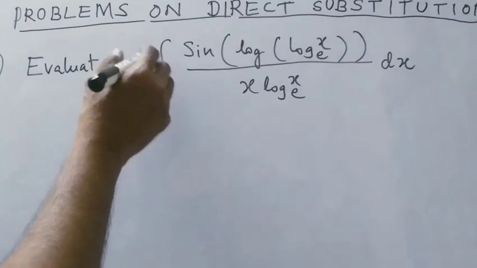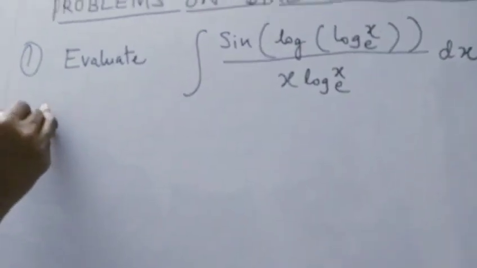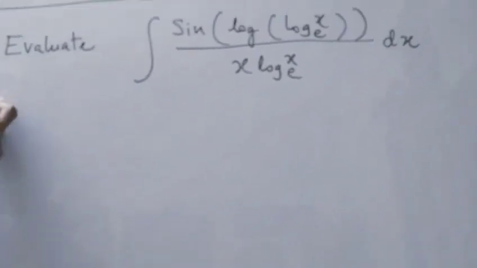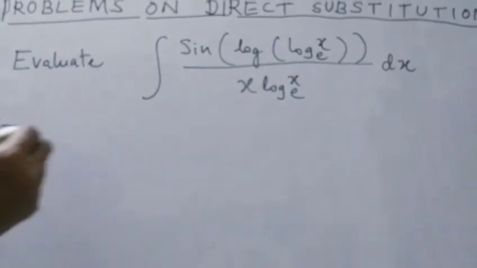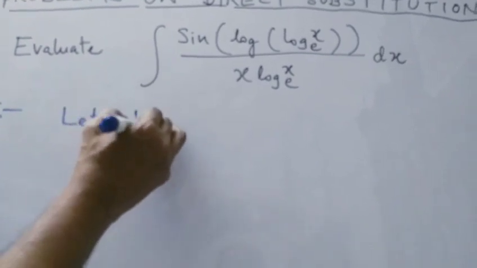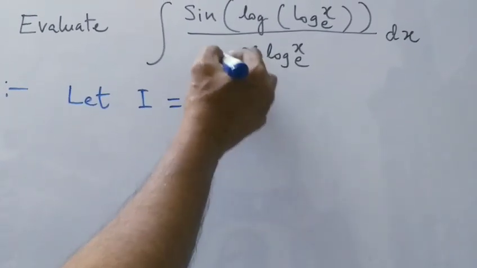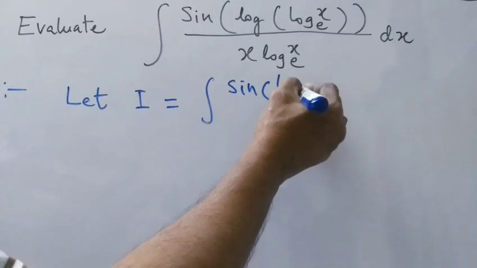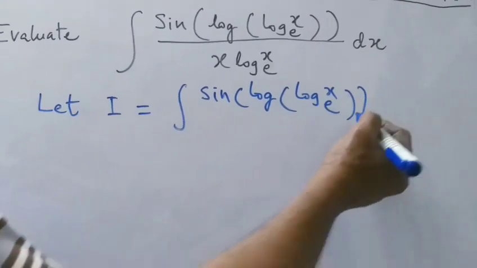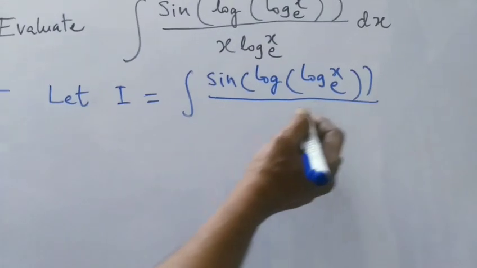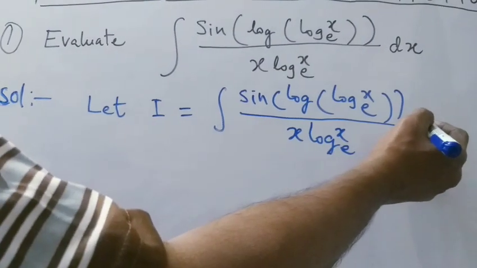For this problem, the solution is going on now. Let I is equal to the integral of sine of log x to the base e divided by x into log x to the base e dx.